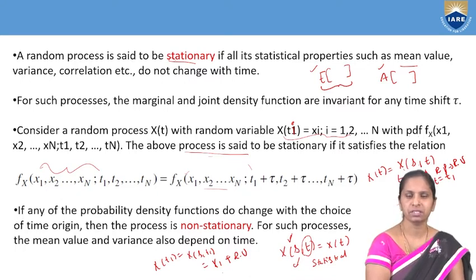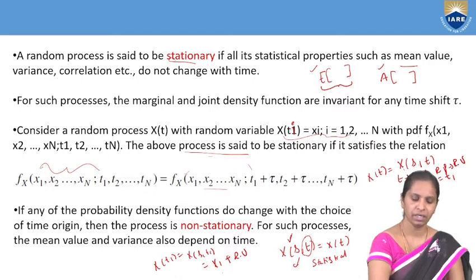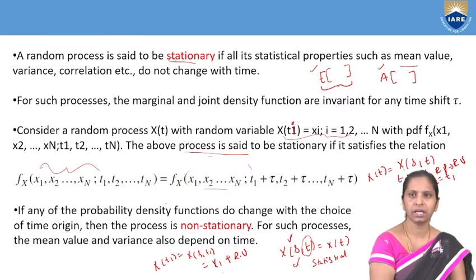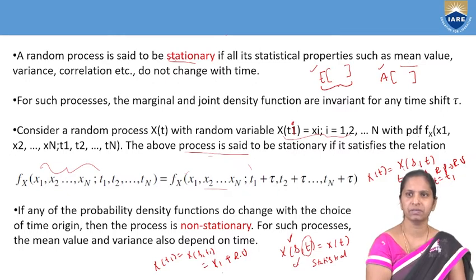If the random process is stationary, then all statistical properties like mean, variances, correlation will not change with time. They don't depend upon the time variable. And what is the definition of a non-stationary random process? A random process is stationary if statistical properties do not change with time. And a non-stationary random process is one where the statistical properties change with time.